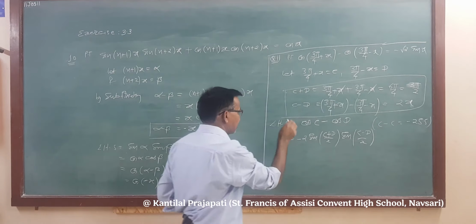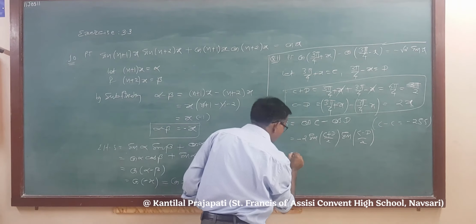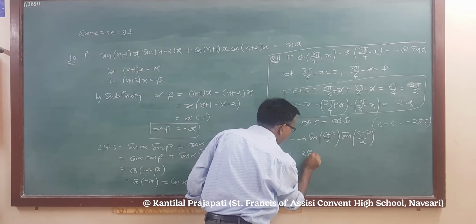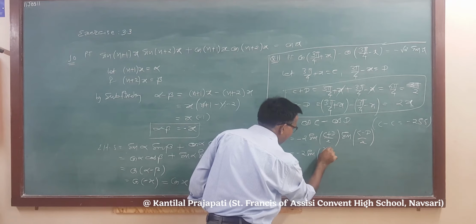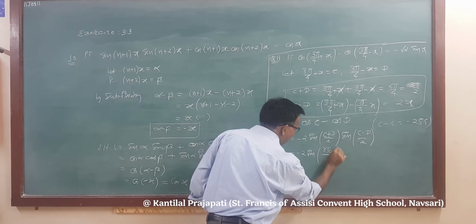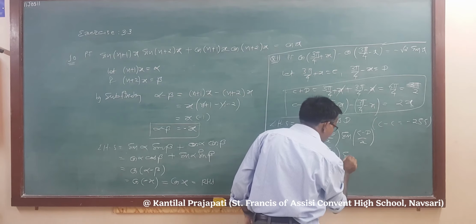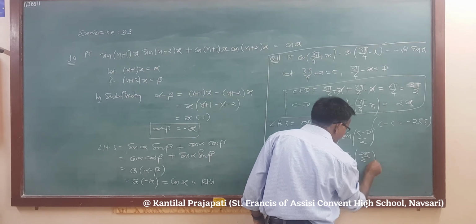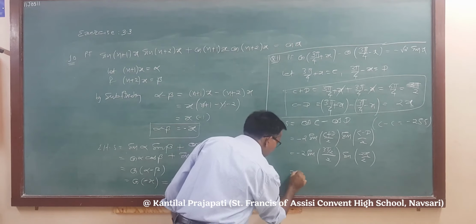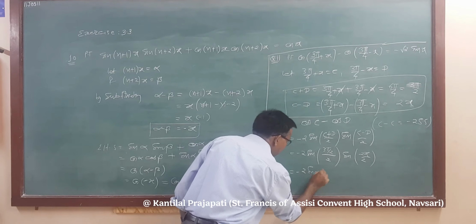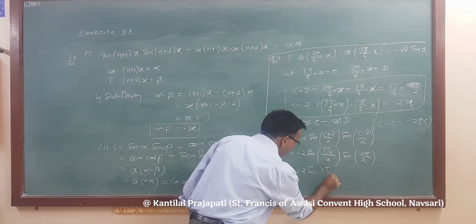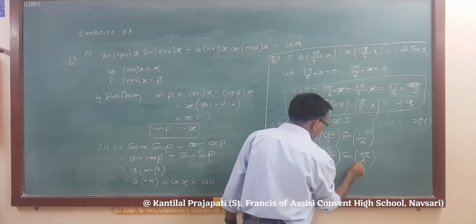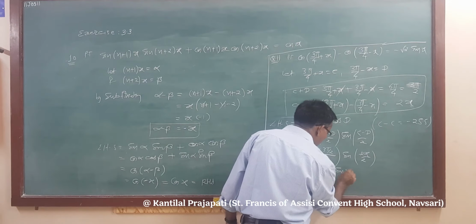Substitute the value of c plus d here: minus 2 sin of 3 pi by 2 whole divided by 2, and c minus d is 2x whole divided by 2. So this will be written as minus 2 sin 3 pi by 4, and these two cancel. What does it mean? Sin x.